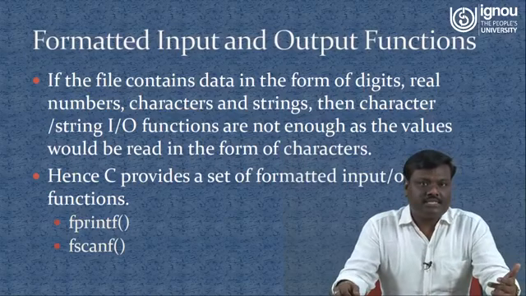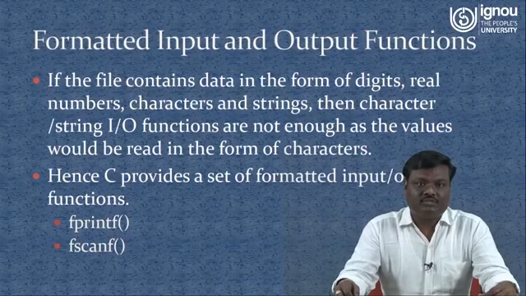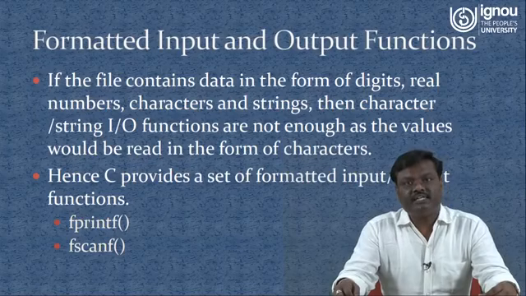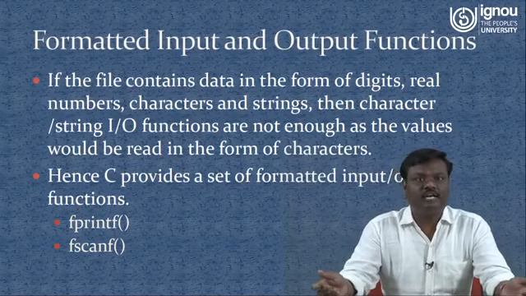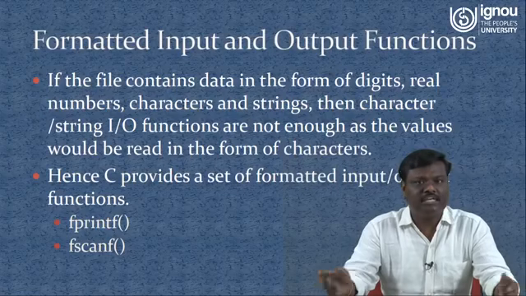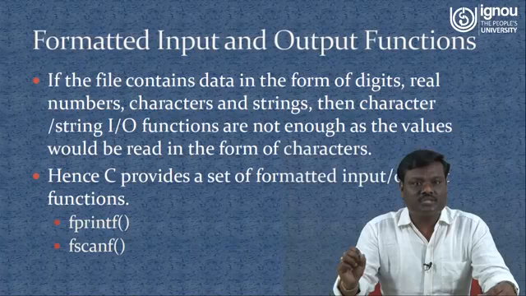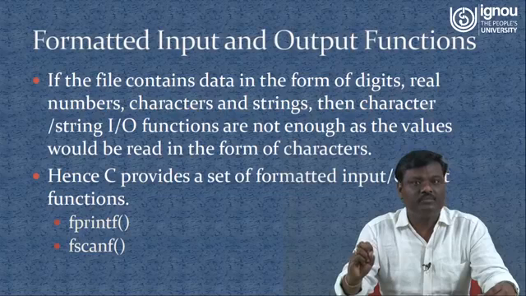Then comes the third kind of thing, that is formatted input and output functions. If the file contains data in the form of digits, float values, characters, strings in a formatted kind of way, better use fprintf and fscanf as the file functions. There are two functions available for formatted input output, those are fprintf and fscanf.